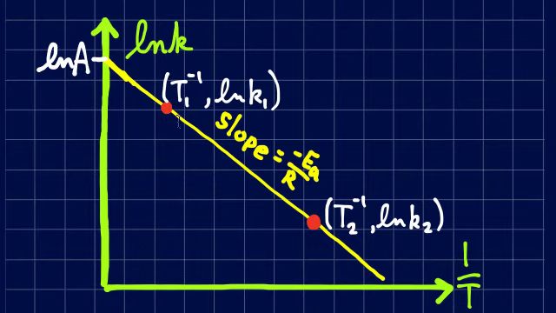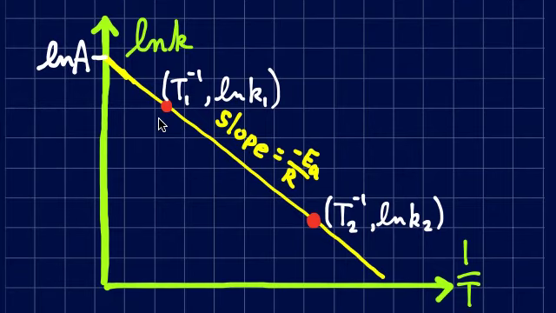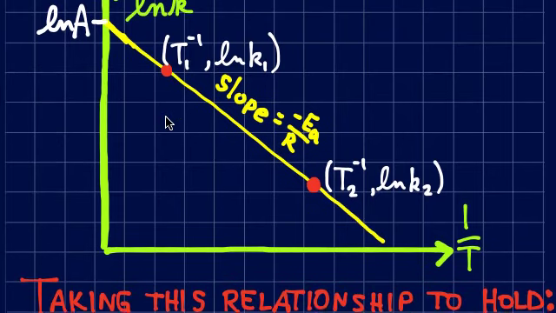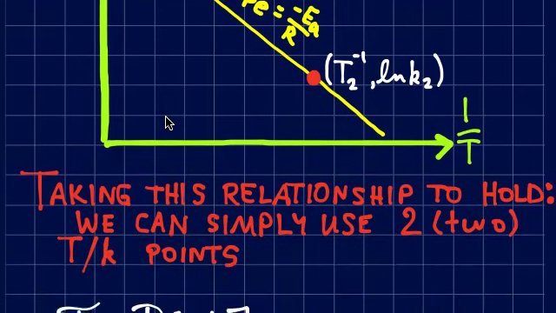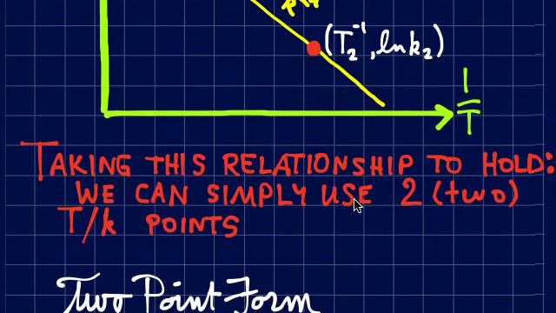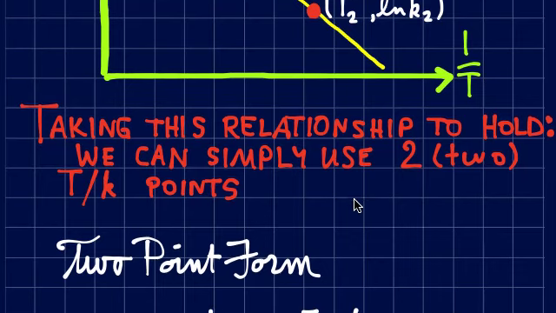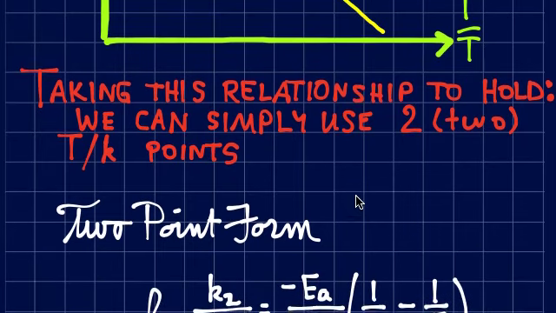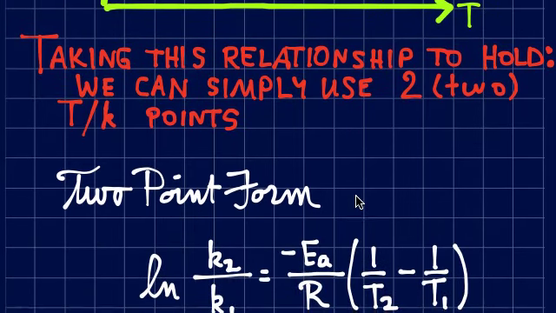So what if I just had two points along the line, this red point and this red point? Would it still work? The answer is yes, assuming that linearity to be true, assuming the relationship always holds, then I can just use two points, temperature and rate constant points, and I can use this.